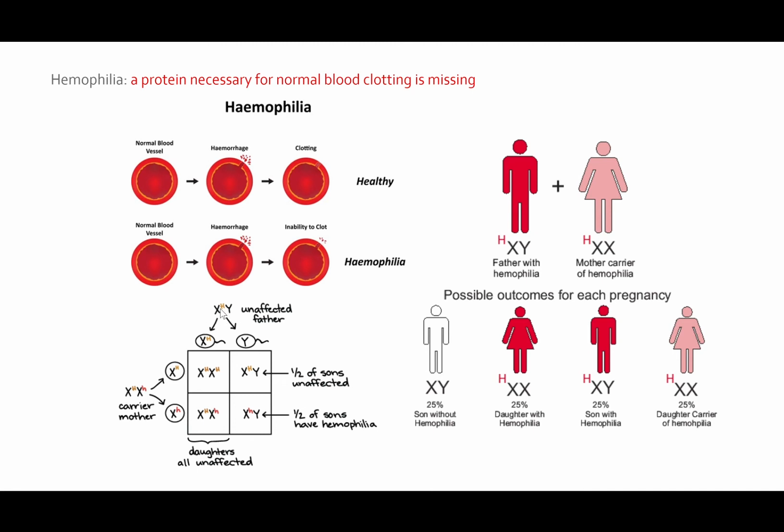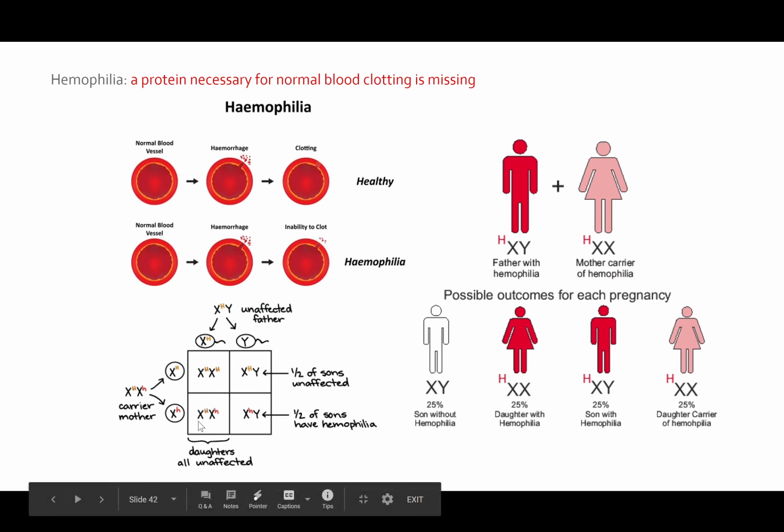And then the father, his X chromosome is normal. So any daughters that he's going to produce are going to have at least one normal copy. So you can see here both of his daughters have at least one big H on their X chromosomes, and they're all unaffected. Okay, so his daughters are safe.